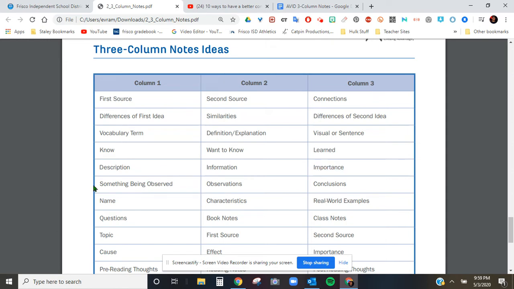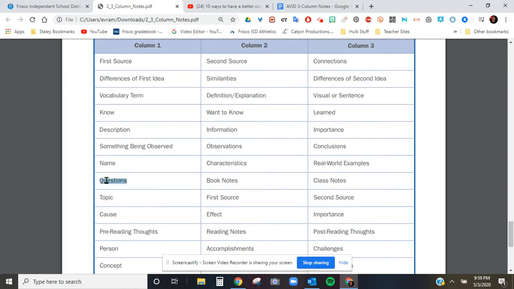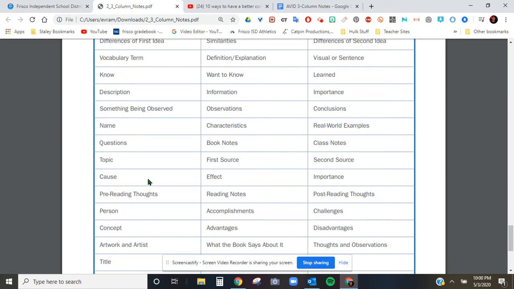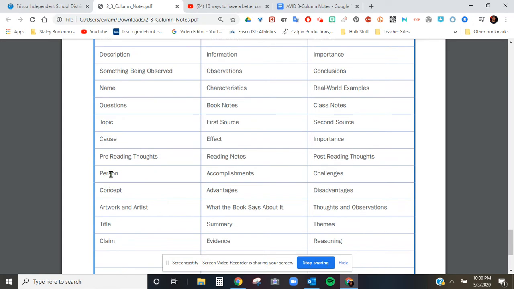In this case, all classes and different subjects are going to be different in how you want to incorporate three column notes. You can see the examples in here. You might have questions that have been answered through book notes and then supported in your class notes. You might have another cause and effect, but now they're asking you, well, what's the importance of this cause and effect? You might have characters or people.